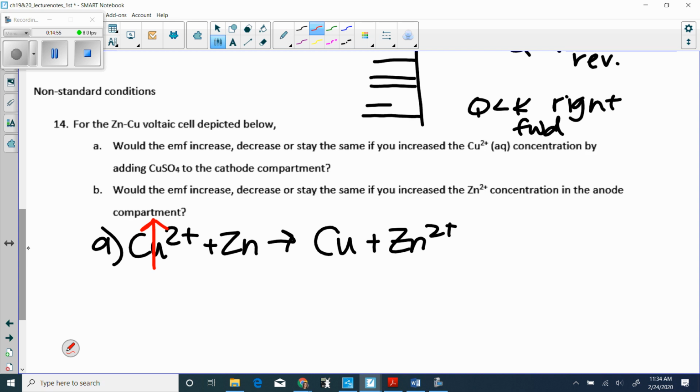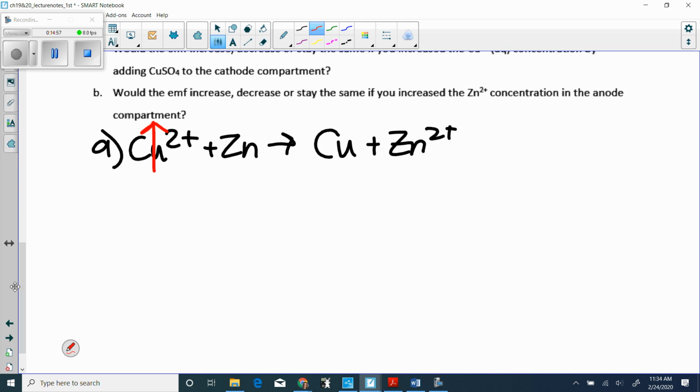Okay? This is how you have to explain it to get your point. K is going to be products over reactants, pure solids, pure liquids do not go in. I'm going to pretend that their concentration is 1 over 1, just to make a point, which is very similar to the point you have to make. If I change my conditions now, that's called Q. I'm not in equilibrium.